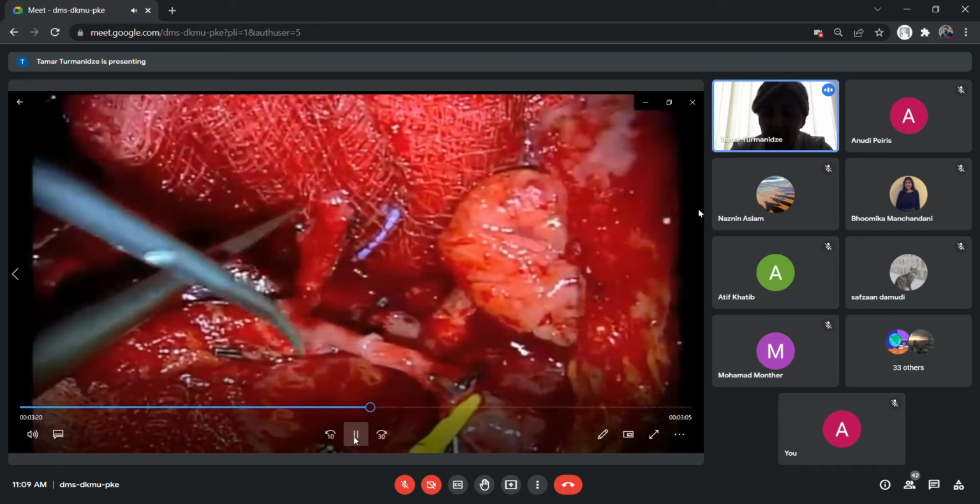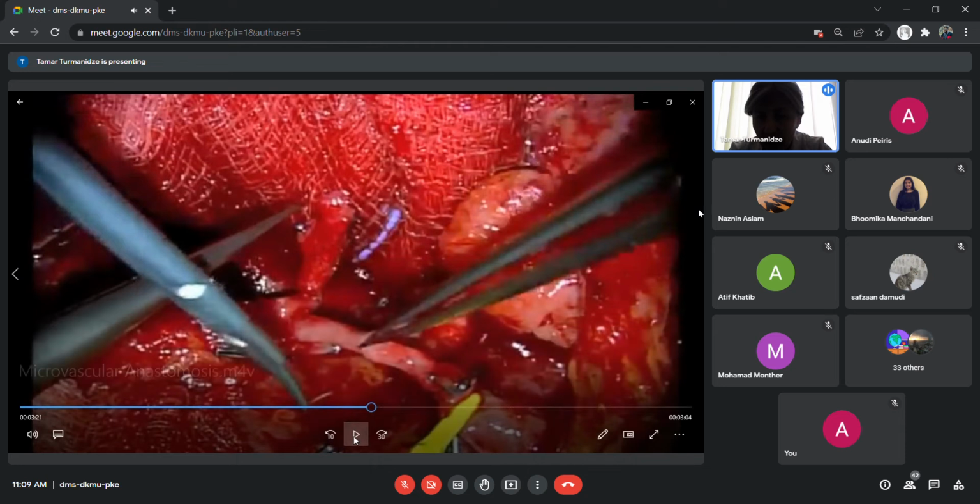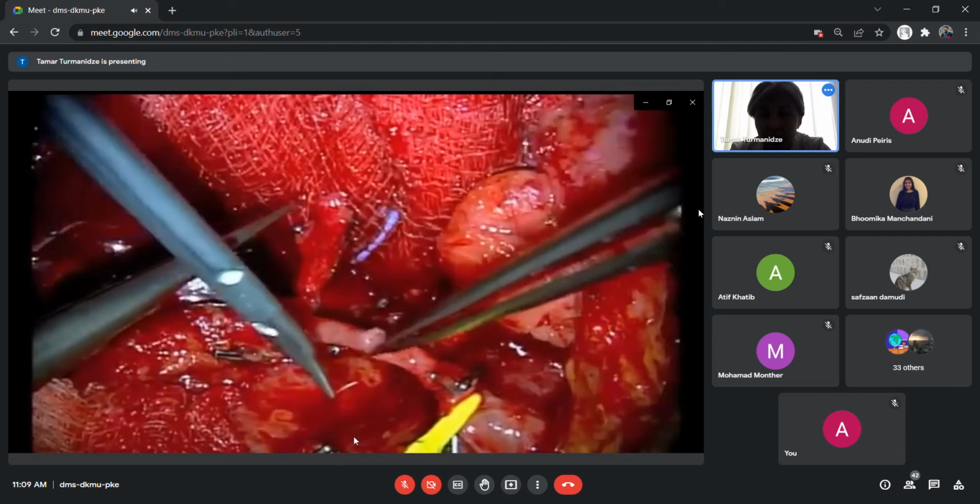On the vessel may be applied an interrupted knotted stitch, or an uninterrupted overhand continuous stitch. It depends on the thickness of the vessel. For a bigger caliber of vessel an interrupted knotted stitch is applied. For a more or less small caliber of vessel an overhand continuous stitch is applied.